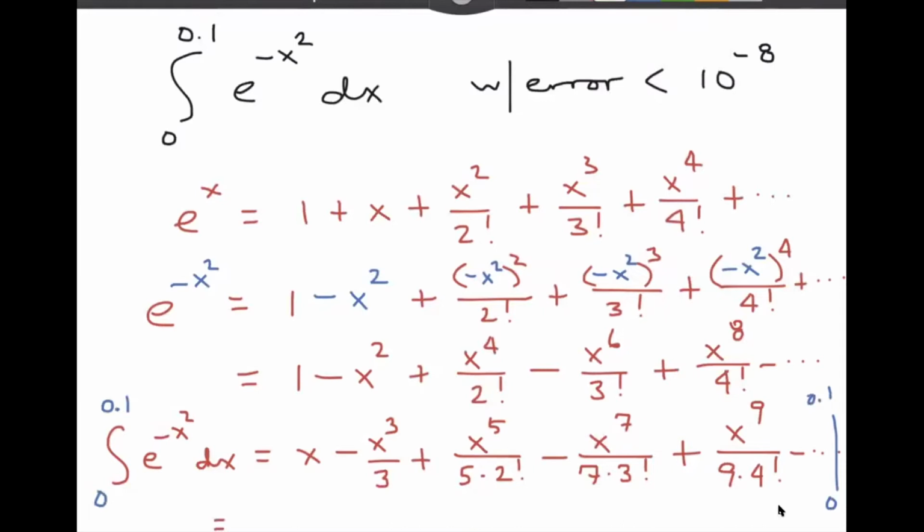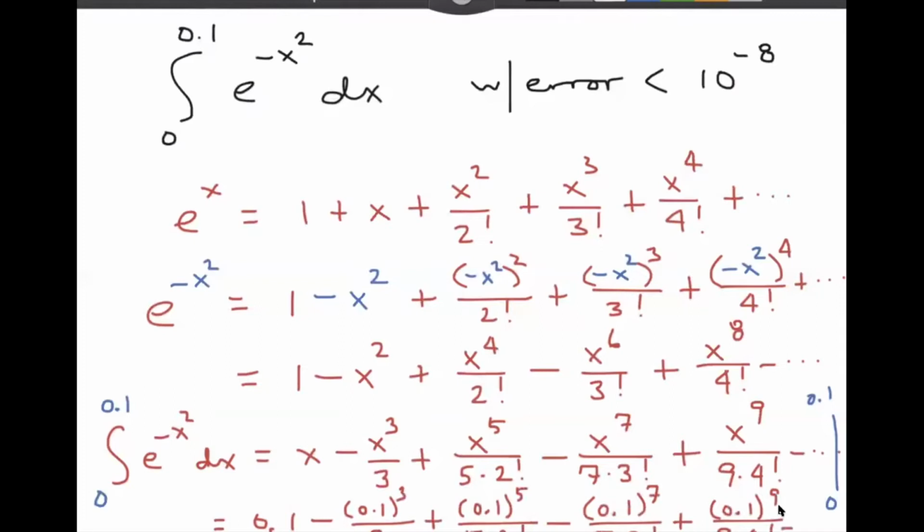That's going to go 0.1 minus 0.1 cubed over 3 plus 0.1 to the fifth over 5 times 2 factorial minus 0.1 to the seventh over 7 times 3 factorial plus 0.1 to the ninth over 9 times 4 factorial. And then I don't have to worry about 0 because every single term of this series at 0 is 0.